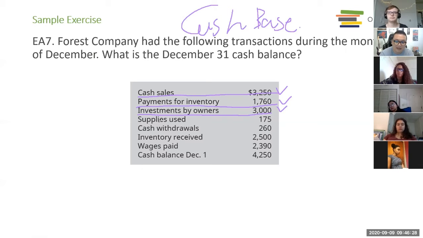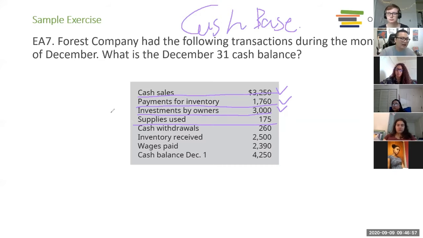And on the other side, the supply use. Anyone, do you think this should be included or not? I see somebody nodding their head and somebody shaking their head. But okay, once again, you need to think about the supplies. Whenever you have a company, the supplies you use, do you buy supplies?